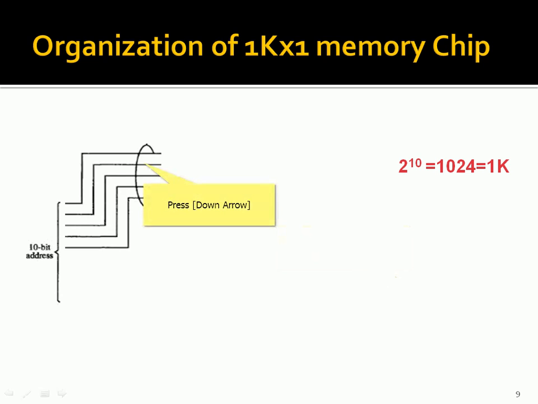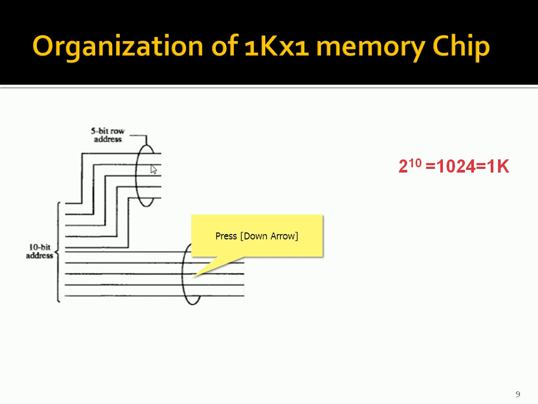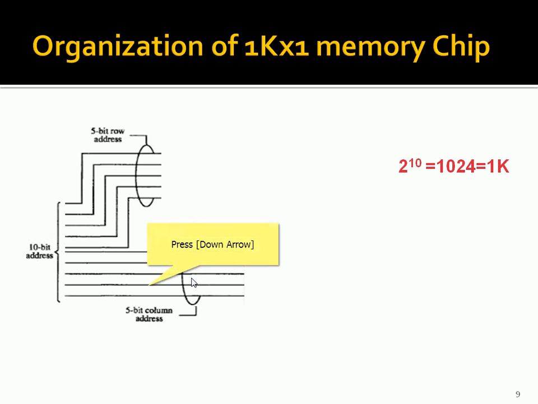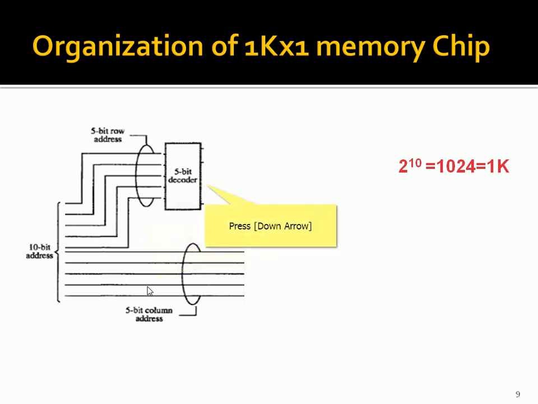One is the row address, a 5-bit row address, and the other is a 5-bit column address. So the total 10 bits are divided into row address and column address. Having understood this, we always need a decoder for the row address. There will be 5 inputs, and 2 power 5, that is 32 outputs, will be there.